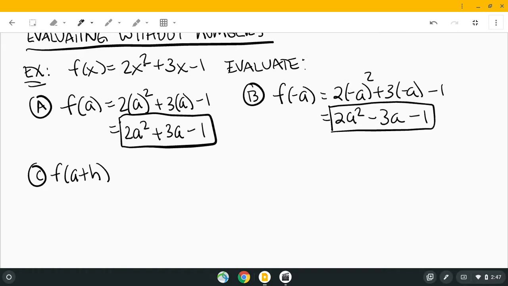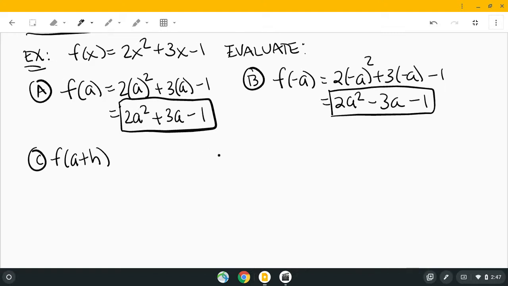And then actually square this binomial right here and distribute that 3. And then combine your like terms and see what you get. So go ahead and see if you can do that one. Just hit the pause button, and if you get stuck, then just come back here and see how this gets done.